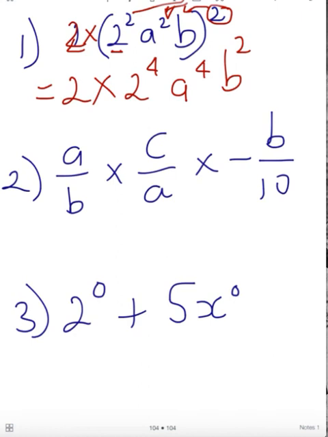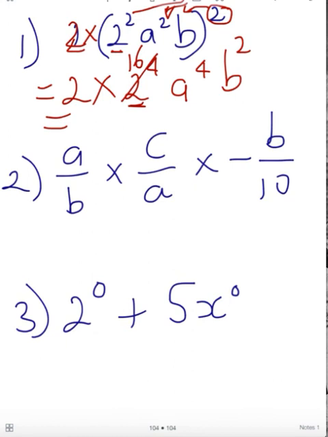And now let's evaluate and simplify our numbers. So we've got 2 to the power of 4. So we remember 2 to the power of 4 is 2 times 2 times 2 times 2, and that will give us 16. And then what is 2 times 16? 2 times 16 is 32. So you should have had 32, then a to the power of 4 and b squared as your final answer.